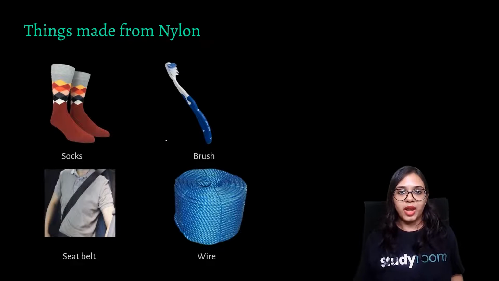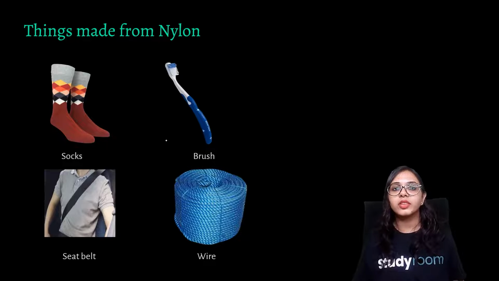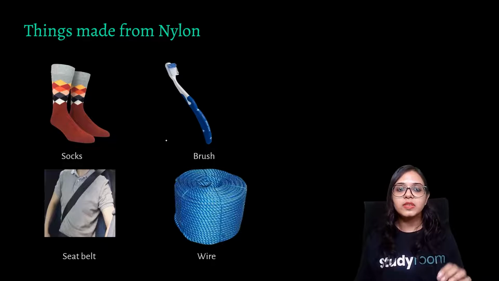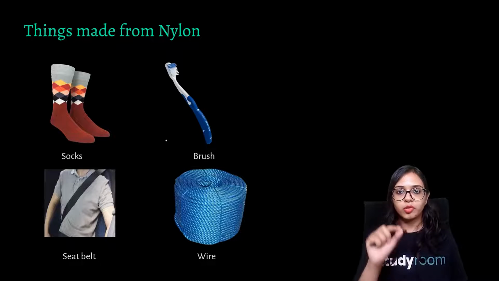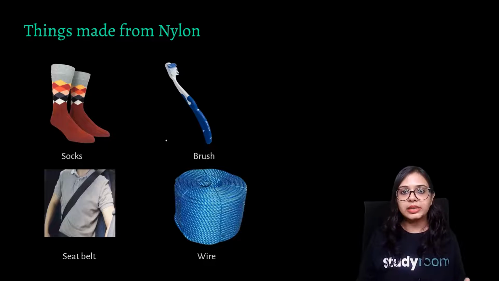Things that are made from nylon and are very popular are socks, even brushes. Why brushes? Because I told you that nylon fibers are very strong, right? The bristles of the brush are also tiny filament-like structures, and some of them are made artificially from nylon. Even your seat belt, right?